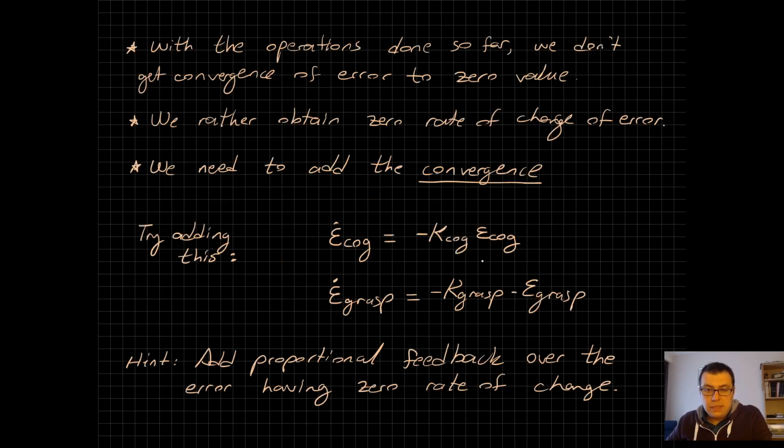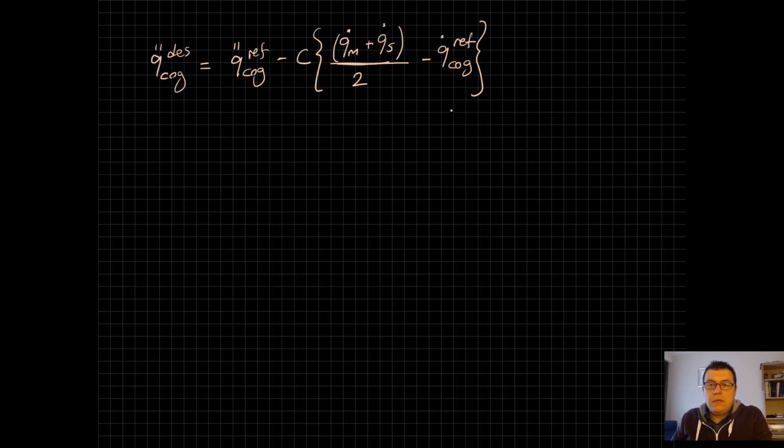And we need to add the convergence term, minus K COG Q COG, and Q COG was nothing but Qm plus Qs over 2.